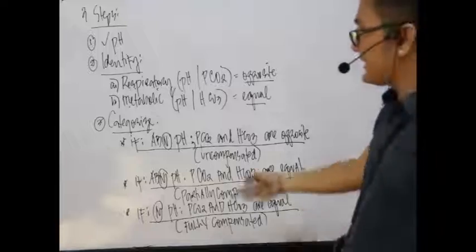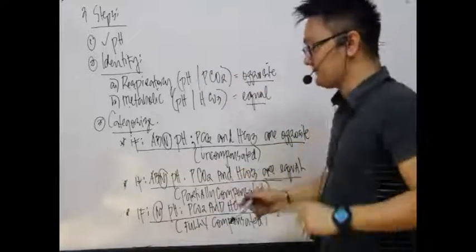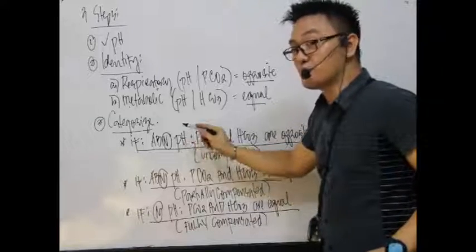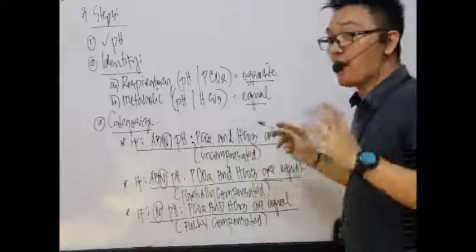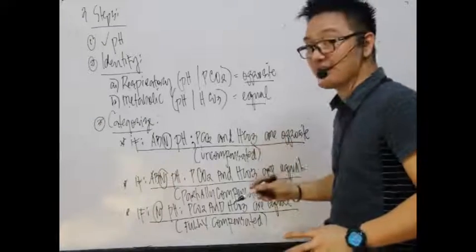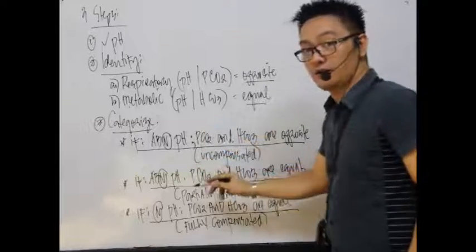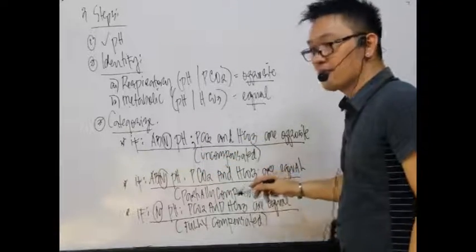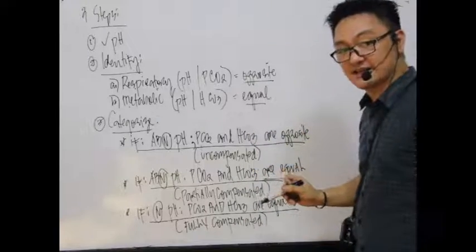Okay, these are the 3 steps. The third step is, if the pH is abnormal and the PCO2 and bicarb are opposite, that is uncompensated. If the pH is still abnormal, but the PCO2 and bicarb are equal, that is partially compensated.